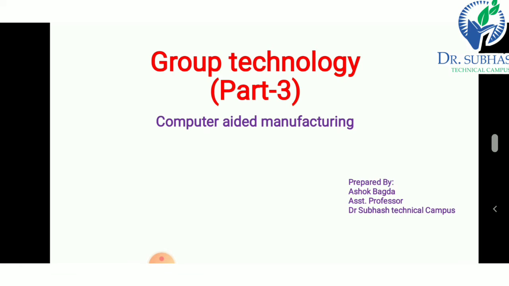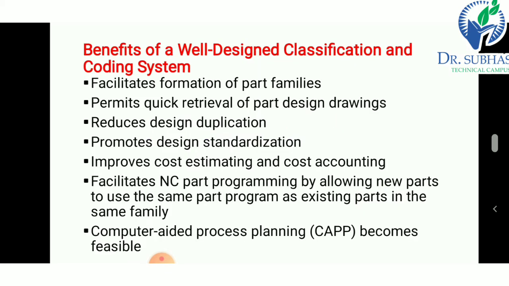Now let us see the benefits of a well designed classification and coding system. If we have formed a code for particular components, then what are the benefits of this coding and classification system? The first benefit is that it facilitates formation of part families.